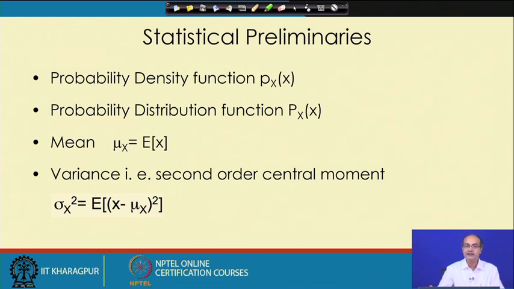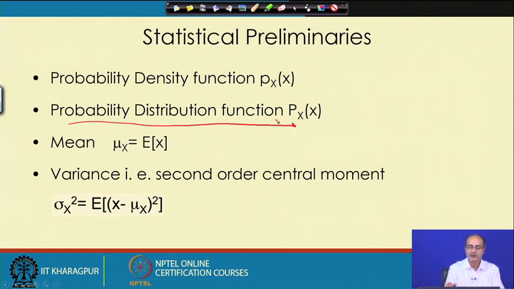But if it is a discrete signal, then we cannot actually get the density function. For that we need to have a probability mass function or probability distribution function.